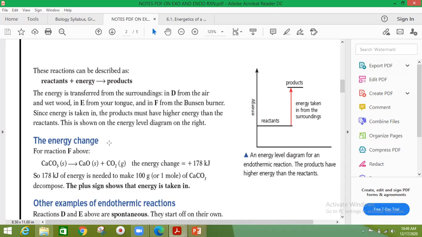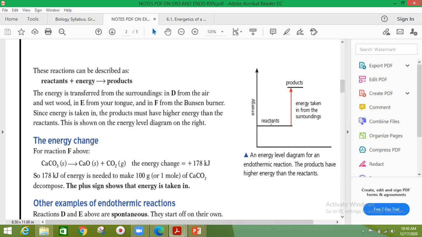Maybe in an exam, you will get a question like this. A diagram or equation will be given to you. Then you need to check the equation, whether this equation is for exo or endothermic. See here, for endothermic, then they draw this diagram. You know that if endothermic, you have to write this calcium carbonate here in the reactant place.